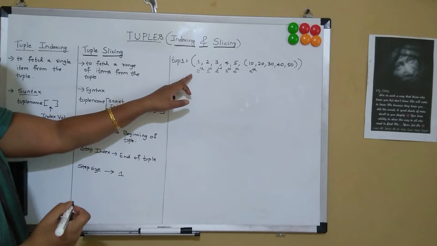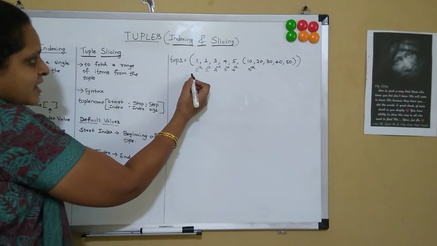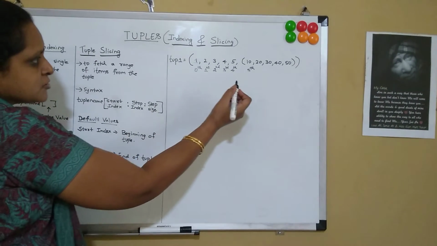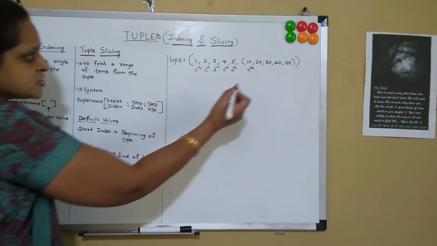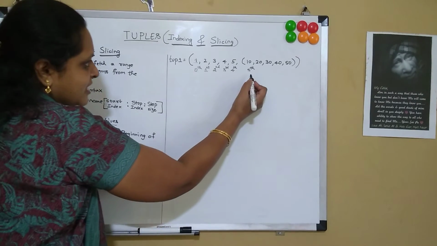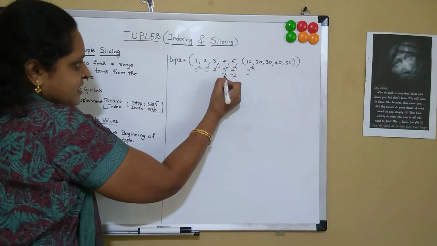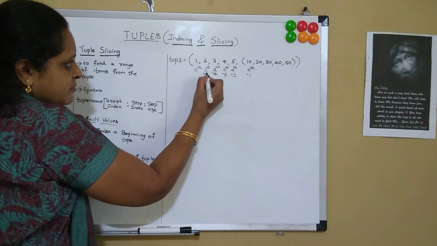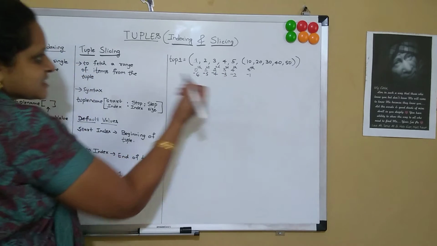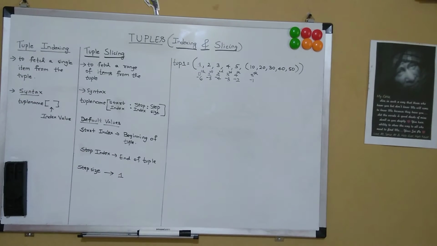So this is the positive index, and it travels from left to right, and we also have the negative index which traverses from right to left. So this is at -1, -2, -3, -4, -5, and then -6. So these are the negative indexes.